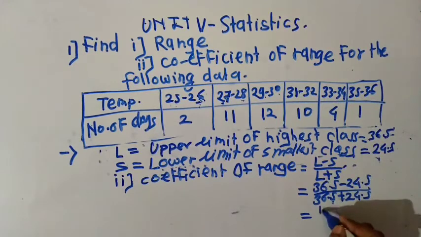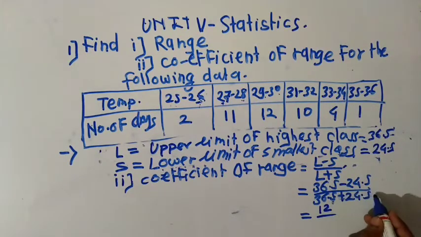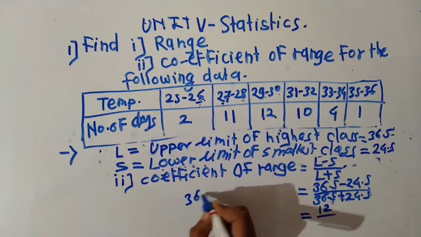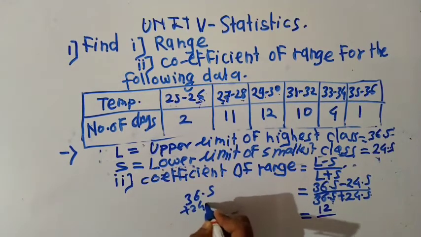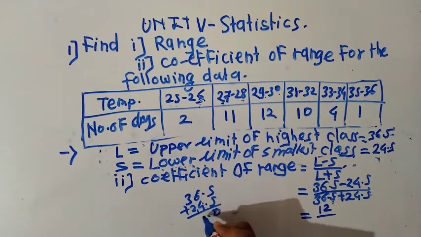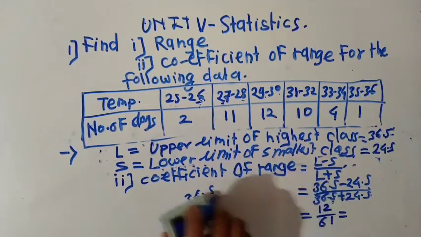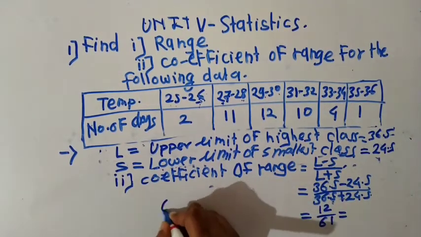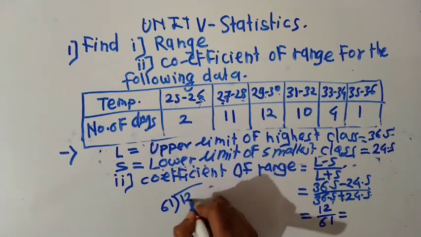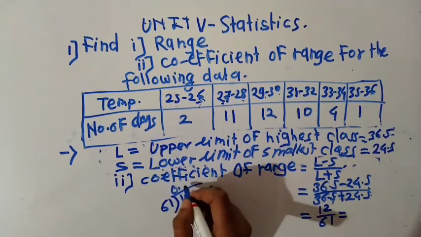This subtraction is 12 and the addition is 61. So 12 upon 61, and now we divide.